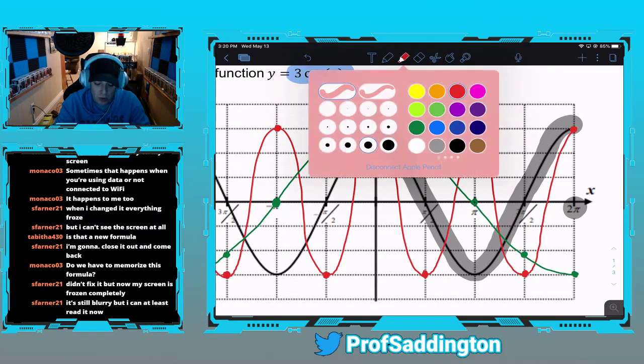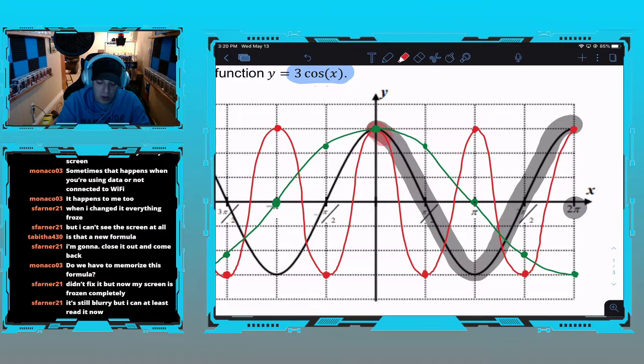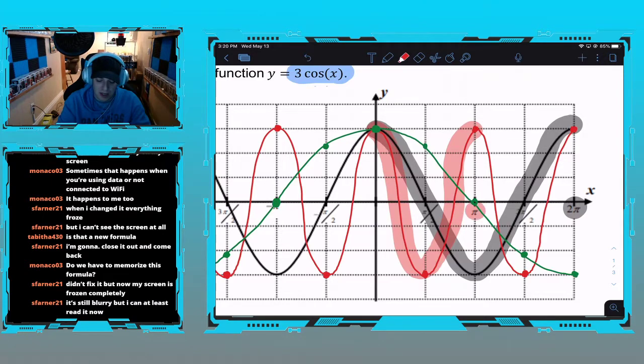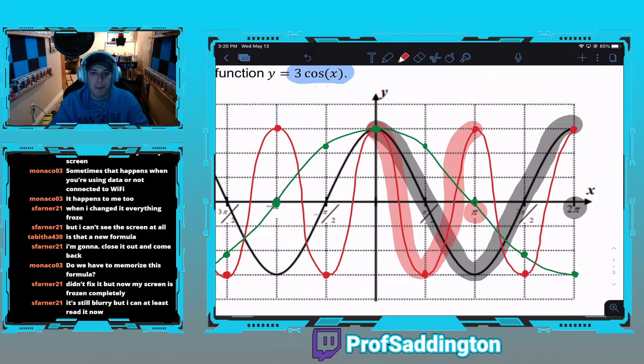If I look at the red function, now I only want to create one C value. So if I create my C value, it stops right there. Notice when I stop right there, the period is at pi. So your period changes based on when the letter is created.